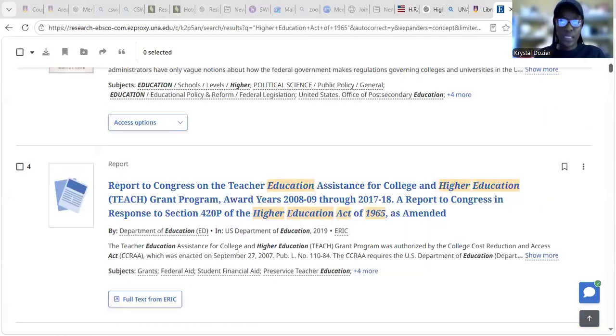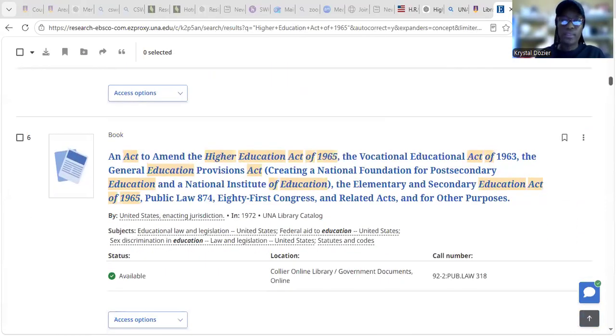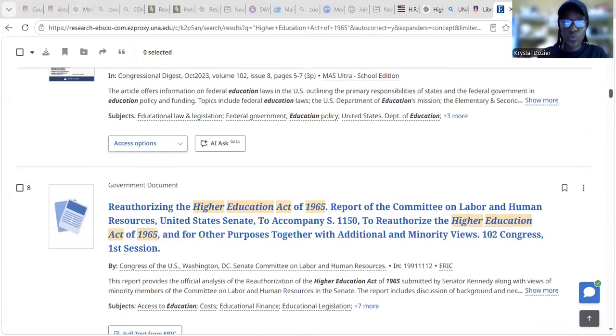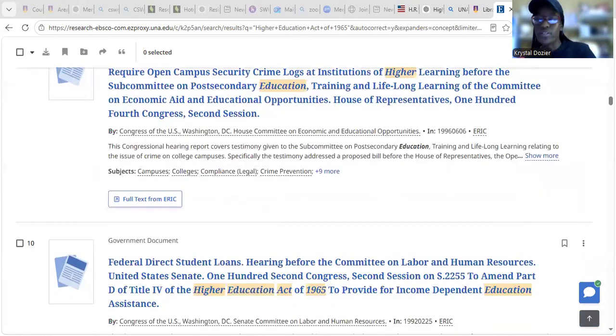So now you can begin to look at these articles and explore the Higher Education Act. You may find information depending on which source you use. You may find information on supporters or opponents and things of that nature. So use AI as a launch pad.